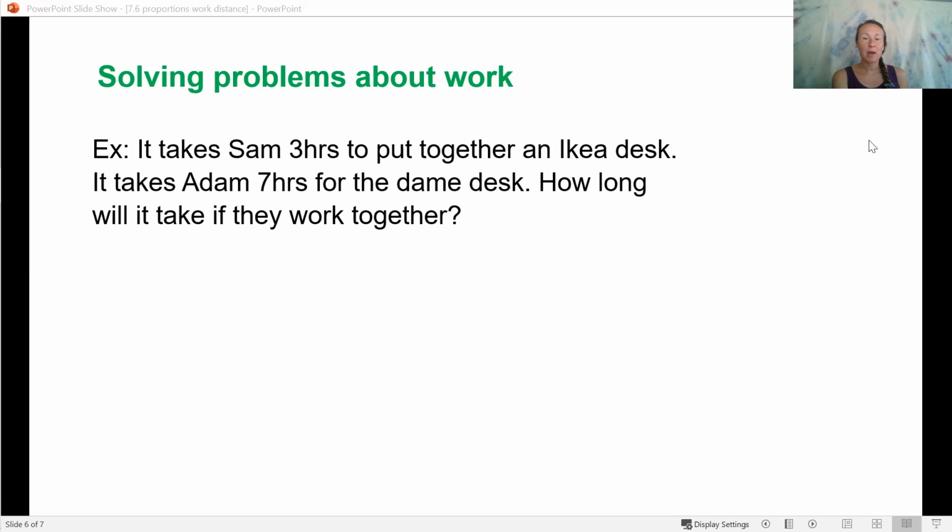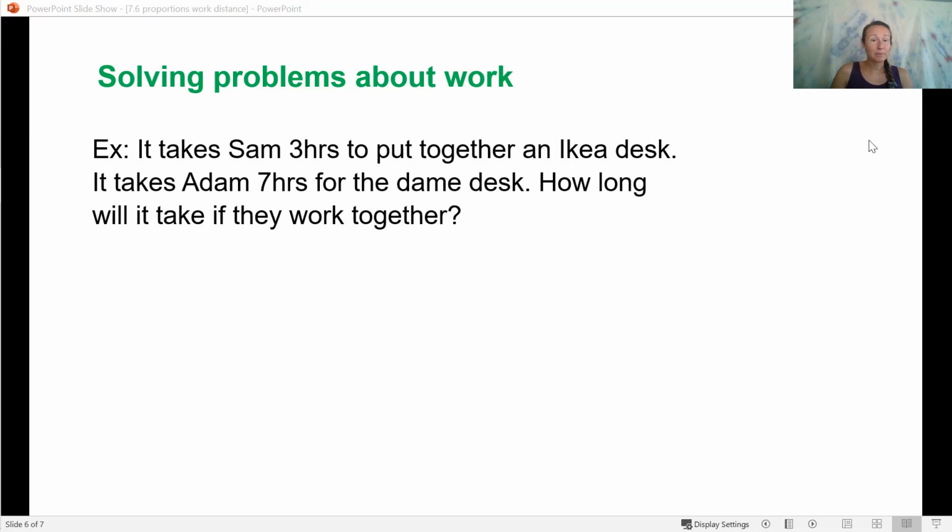So this problem is about work because it's things getting done over a period of time, okay? In this example, it takes Sam 3 hours to put together an IKEA desk if he does it by himself.